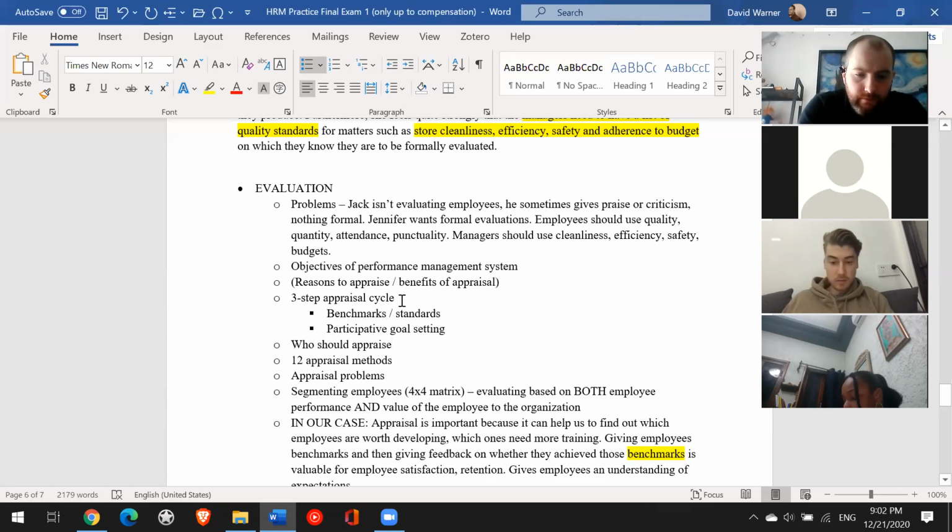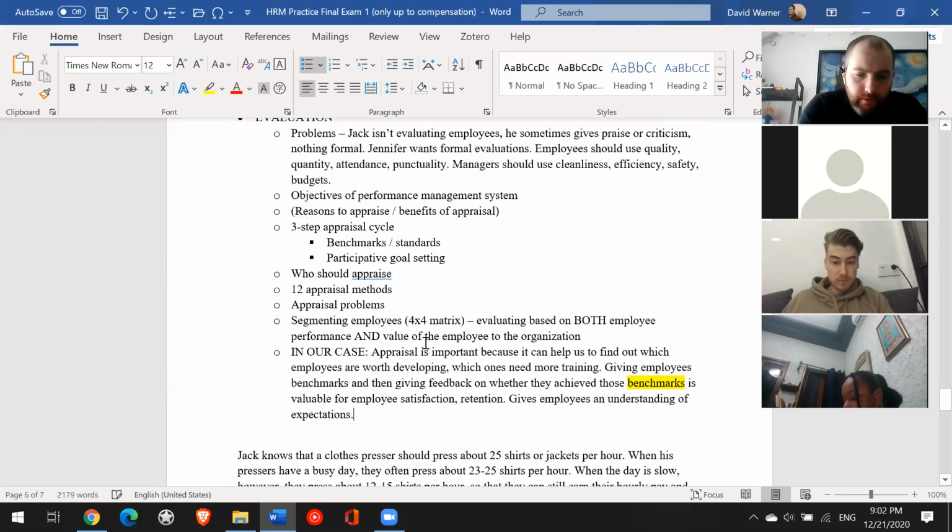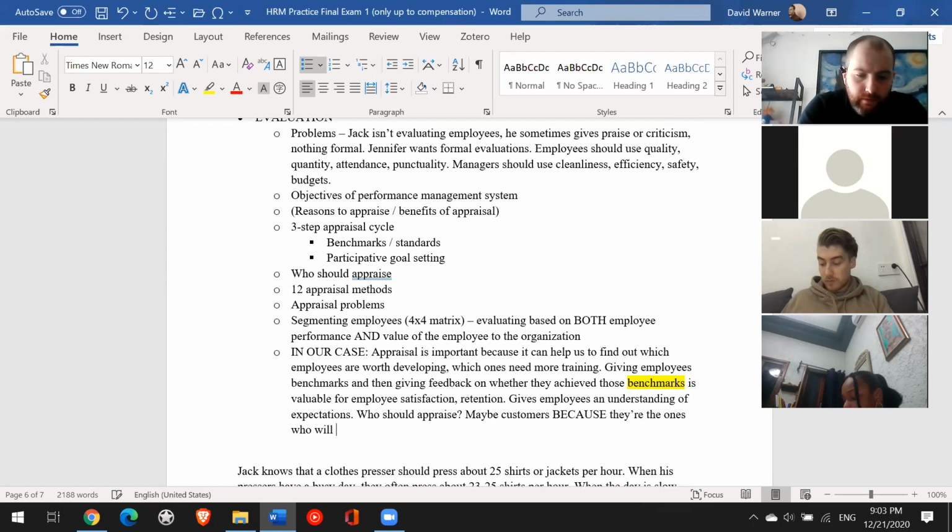Now, I think that's another thing I would want you to explain: who should appraise? I would say, maybe customers, and always give me the because. Maybe customers, because they're the ones who will bring Jack money if they like the employees' service or performance.